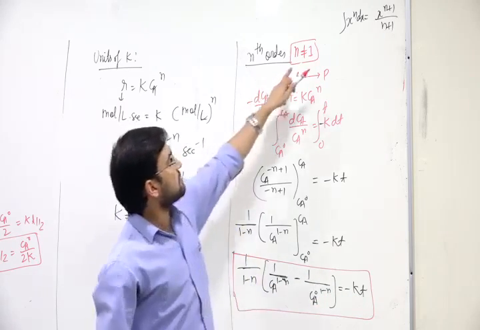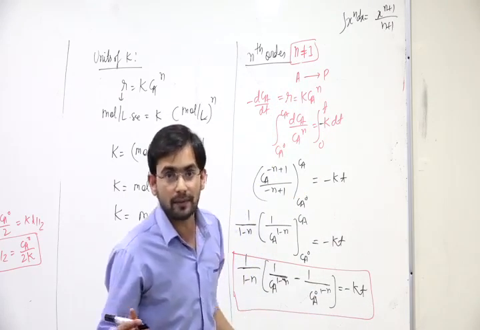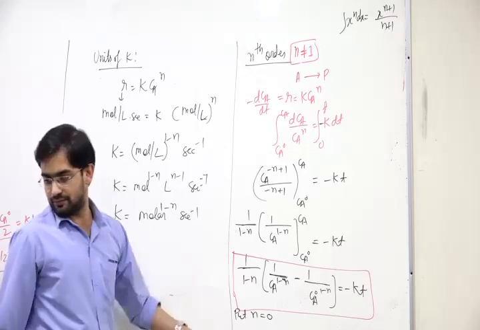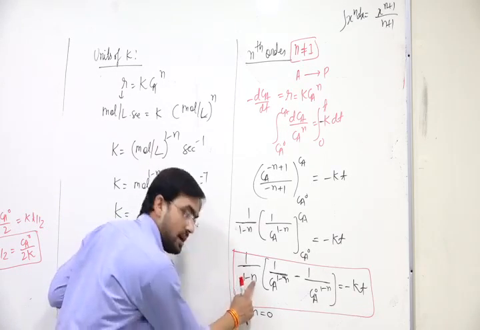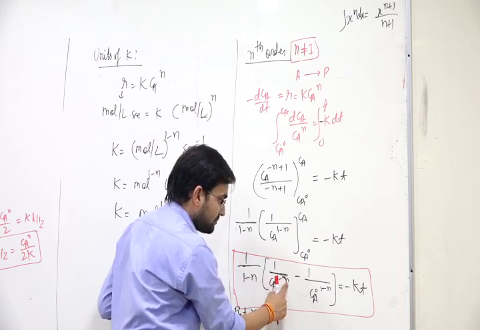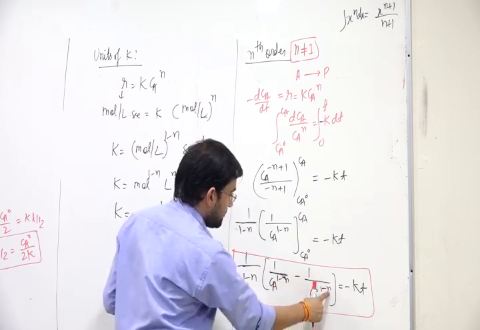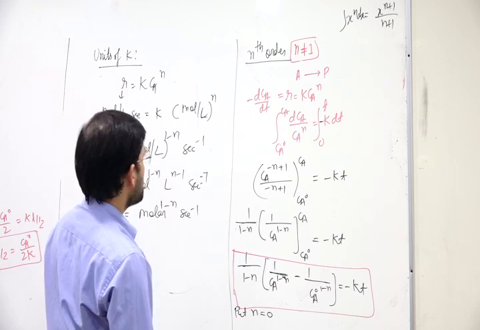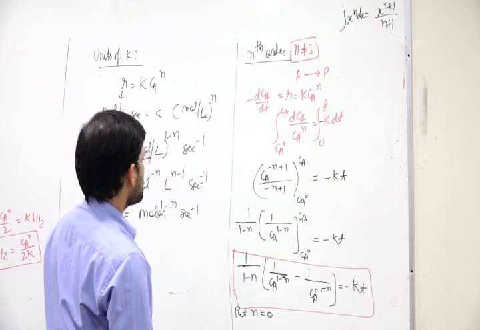Now if I say this is applicable for all the cases except n equals 1, is it applicable for n equals 0? So we try. Put n equals 0. When you put n equals 0, 1 by 1 minus 0 becomes 1, and the powers become 1.